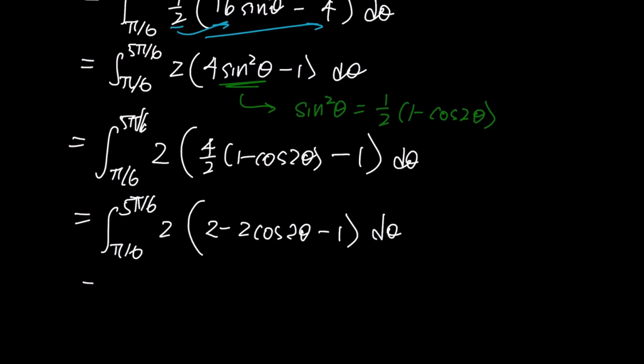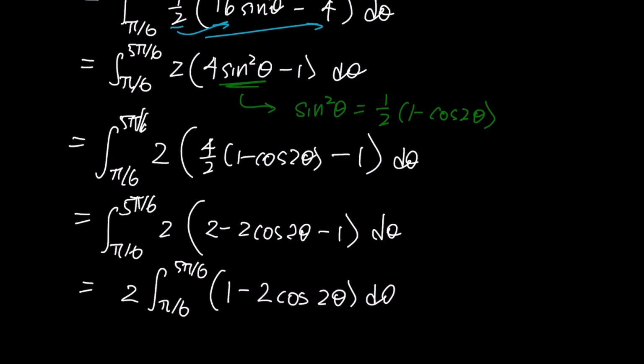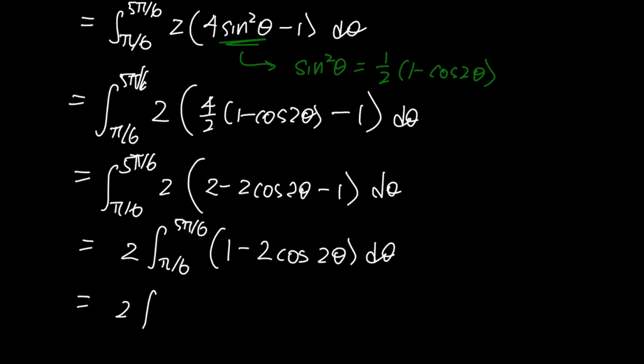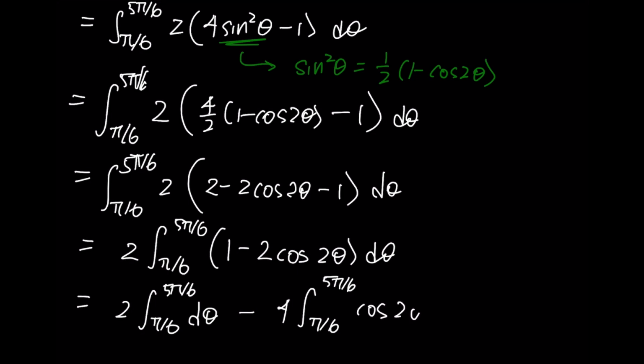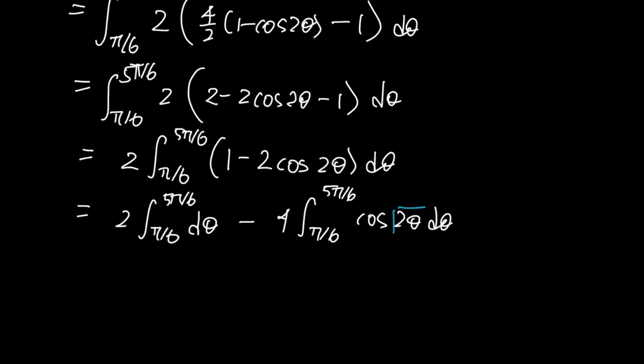This will end up giving me 2 times the integral from pi over 6 to 5 pi over 6 of 1 minus 2 cos 2 theta. You can split this up into 2 separate integrals. We'll have d theta, subtract 4 times the integral from pi over 6 to 5 pi over 6 of cosine of 2 theta d theta. Substitution here: u would be 2 theta, du would be 2 d theta.